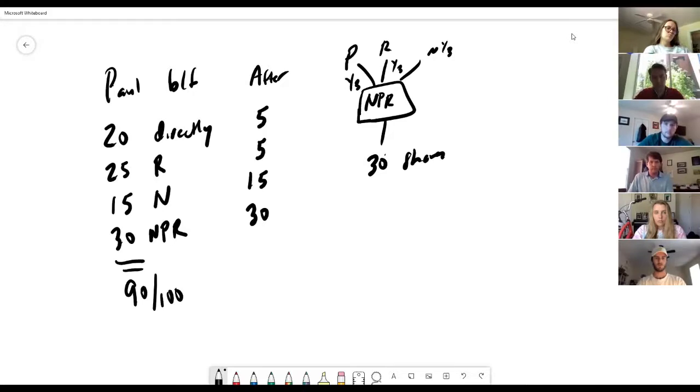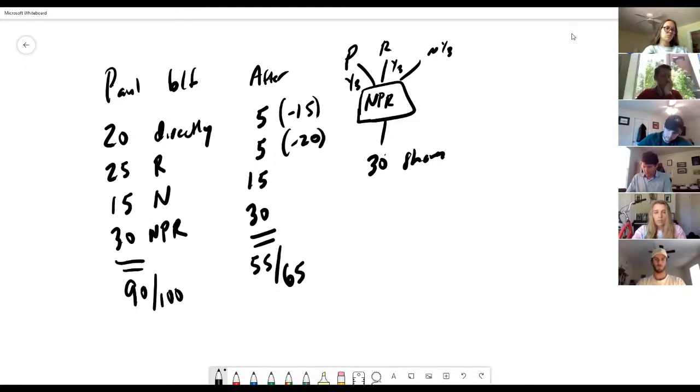NPR still has 30. And that goes to 55 out of 65 after, because the 15 here and the 20 there come out of the numerator and the denominator. And that goes from 90% down to 84.6%.